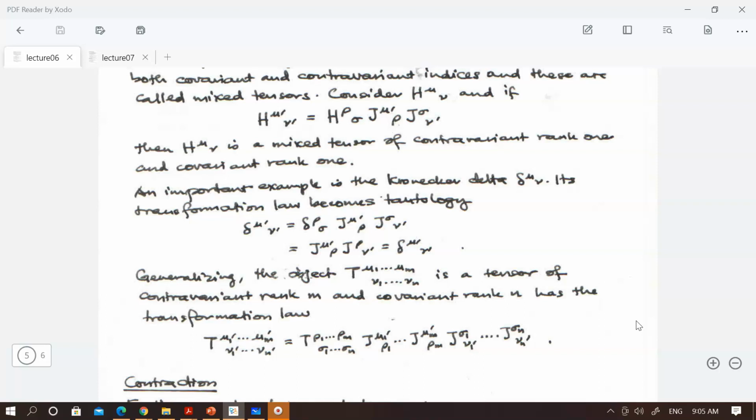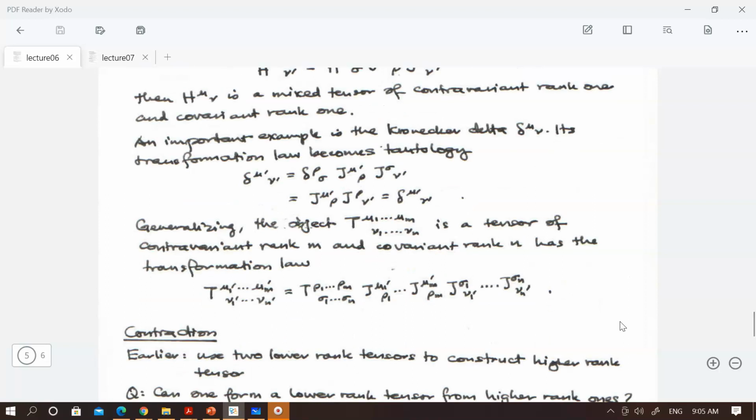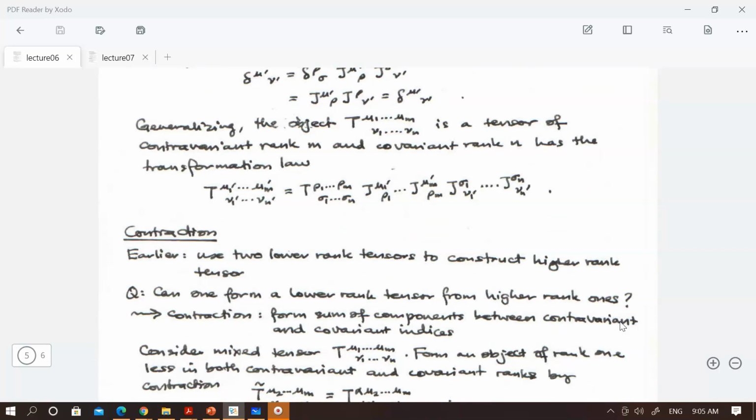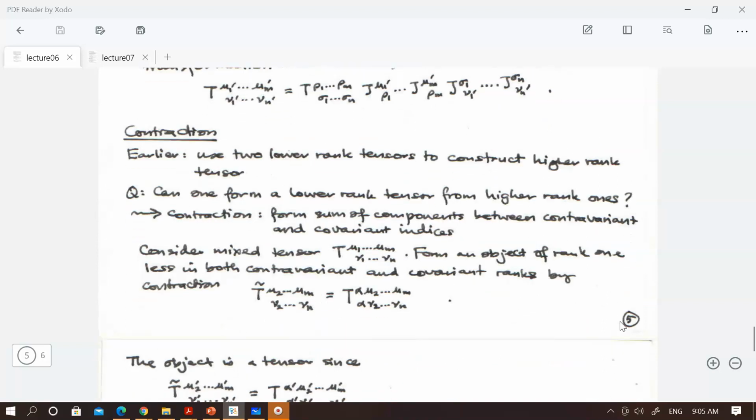When we do the tensor product, we increase the rank of the tensor from 1 to higher. So the question is, is there any kind of operation for which, instead of making a higher rank tensor, we get a lower rank tensor?